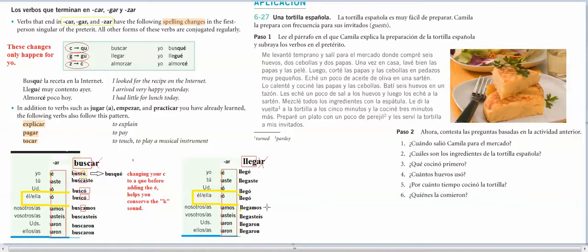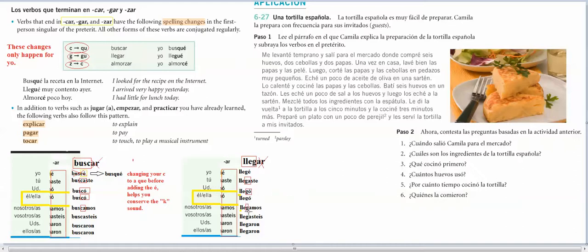Okay, so when I do that, I end up with the same problem again. My G in the infinitive form makes a G sound. Well, that's not a problem down here, because here it's GA, so that keeps the G sound, llegaste. Here it's GO, that keeps the G sound, llegó.